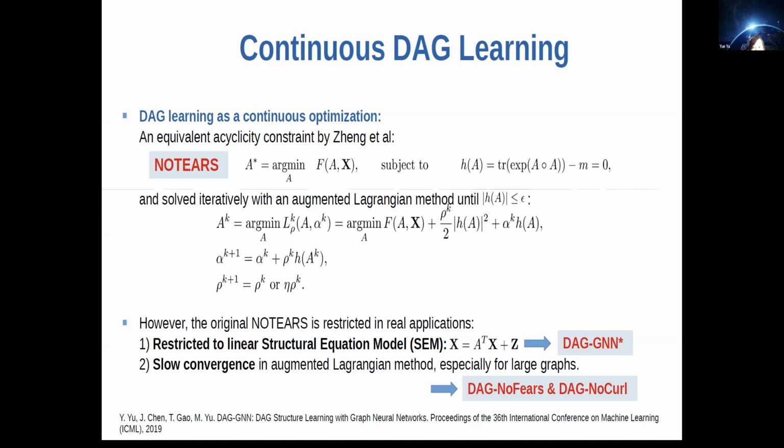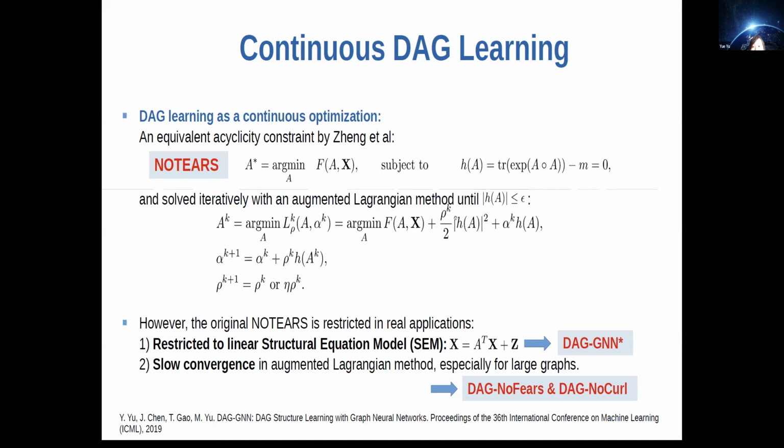However, as I'm going to step into in more detail, in practice we found that this augmented Lagrangian method for NOTEARS takes many steps to converge. That means the penalty has to be extremely large to make it convergent.